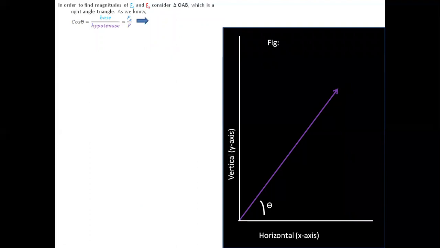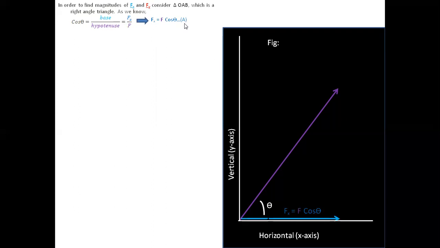The right angle triangle is the triangle OAB, and from that we take cos. Cos is base over hypotenuse. At the base we had fx, and at the hypotenuse we have F, the force. Taking F to the other side, fx is equal to F cos theta. That means the horizontal component is found with the help of trigonometry.